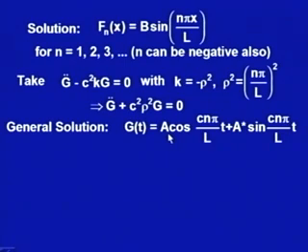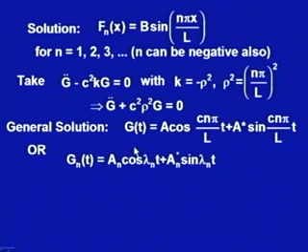Now, a and a star here are arbitrary constants. Let us write it again, because we are involving this n.